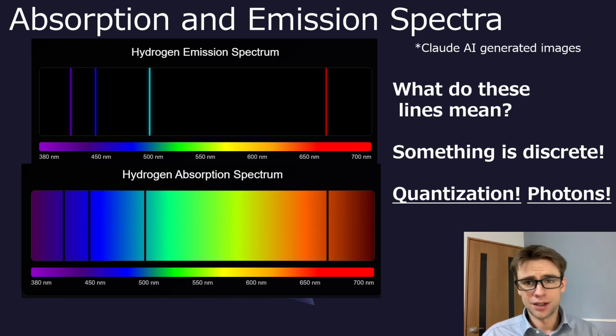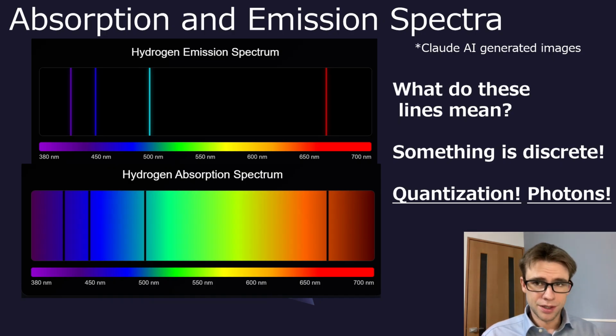Well, hydrogen cannot emit a full continuous spectra when it's at low pressure. So something about this is discrete. It's only emitting very specific wavelengths, specific lines. Same thing for when it absorbs. It can't absorb all visible light radiation. It only absorbs a few specific lines, 4 in this case, that we can clearly identify.